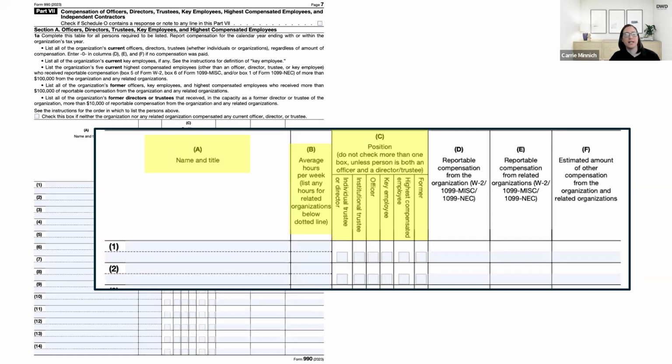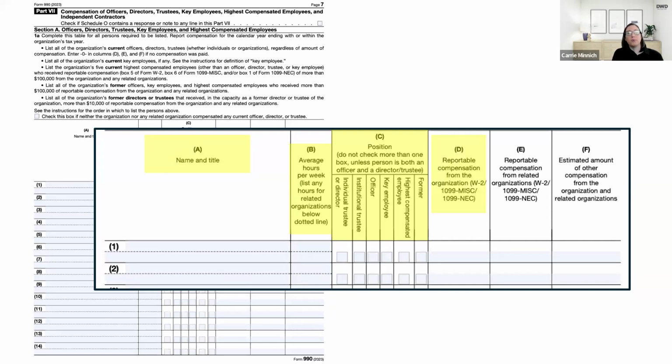Key employees and highest compensated employees are based on the salary that these individuals get. And it's a pretty big amount, $100,000. Most nonprofits, especially the smaller ones, don't have key employees or highest compensated employees, but some of them do. So if you do have employees that are paid at a higher rate, you would need to list them there as well.